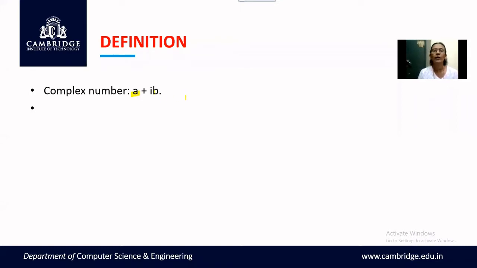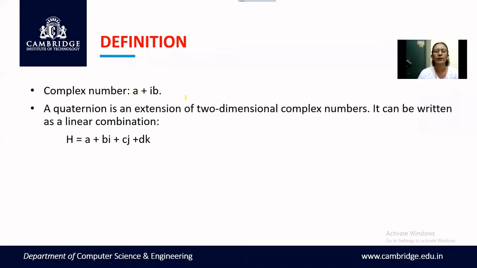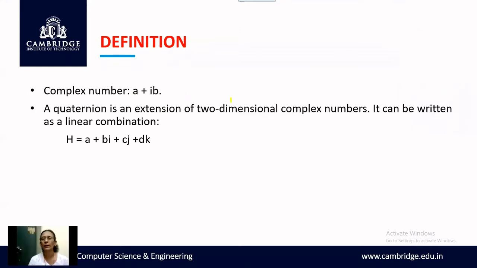Now a quaternion is an extension of complex numbers. You can write a number as A plus Bi plus Cj plus Dk. Then it is called a quaternion.